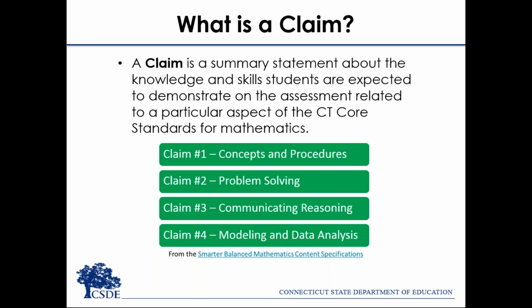As you might imagine, there's an overlap between Claims 2 and 4. It's very difficult to delineate specific questions that might be problem solving versus modeling. In part for that reason, Claims 2 and 4 are reported as a single score.